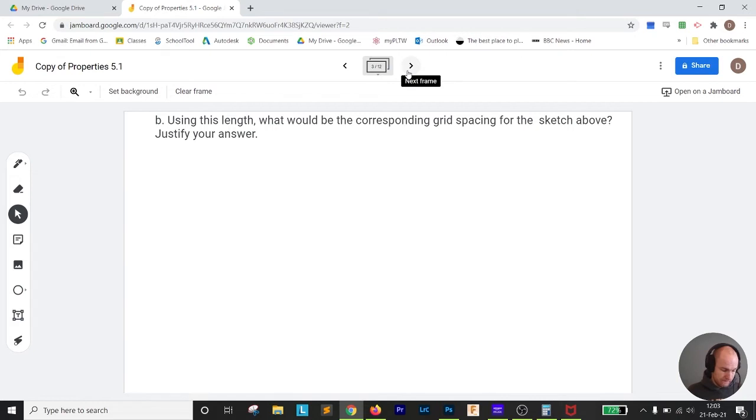So now we have to rearrange this. So now we're looking at 8 grid spaces equals 9.5 inches, which is what we got from the last part.